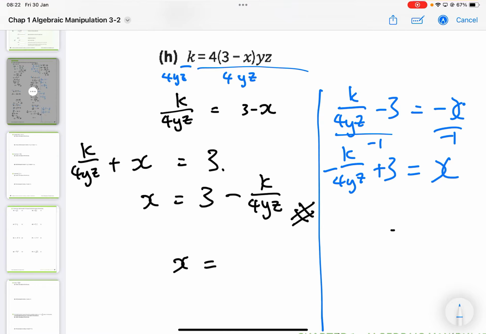I need to divide the left hand side by negative 1 also. Dividing by negative 1 is going to change the sign. Positive will become negative, negative will become positive. Then it's actually the same answer. Okay? It's the same answer.